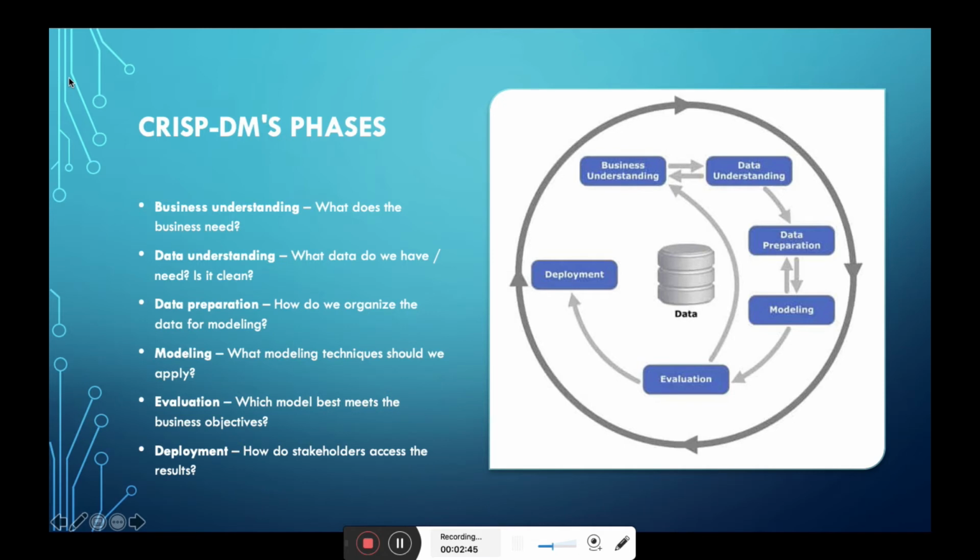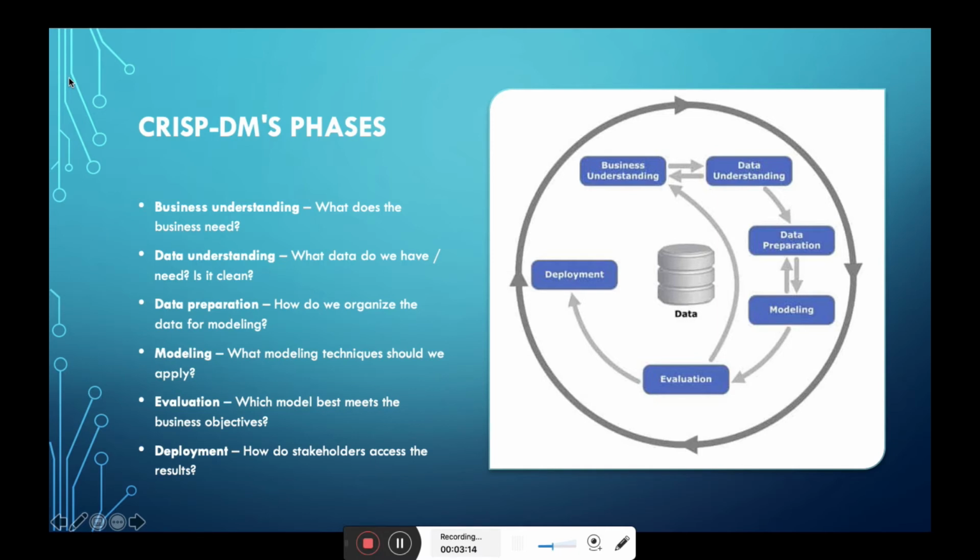Some of you are in textile, some in automobile, some in healthcare. Irrespective of whichever domain you work in, you first need to understand what the business expectation is and what their goal is. Second step is understanding the data. What data do we have, or what data do we need? Is it clean data?